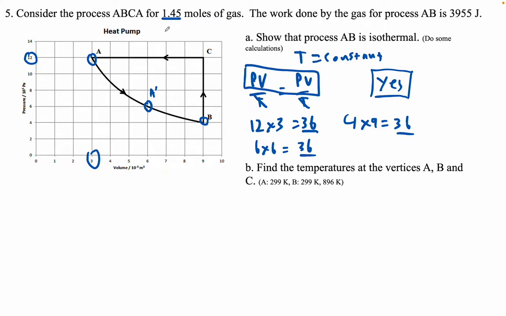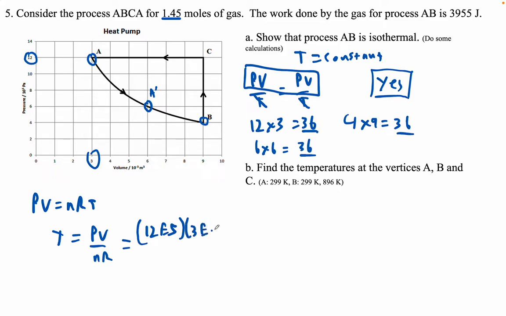So they say it's 1.45 moles. We know that PV is nRT. So therefore, T is going to be PV over nR. So at A, the pressure at A is 12 times 10 to the 5th. The volume at A is 3 times 10 to the minus 3rd. N is 1.45. And R is 8.31.